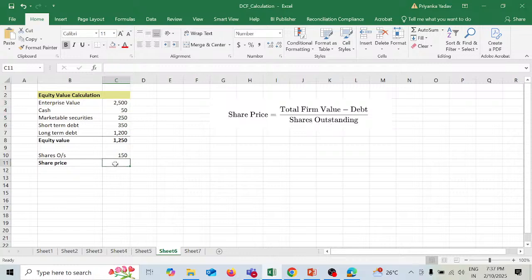That means over here you're going to take 1250 and divide it by outstanding shares, 8.33. So this is your discounted cash flow. You can see discounted price basically of your share in the present terms.